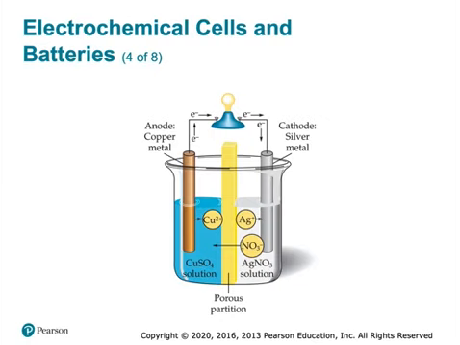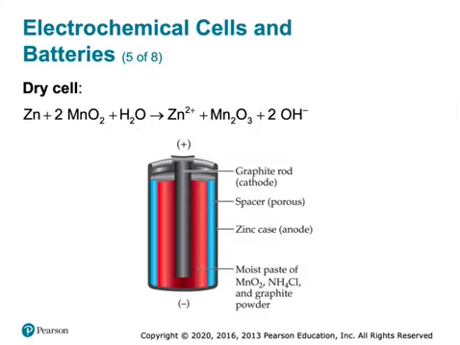The electromotive force is not proportional to the amount of material. So how do you get bigger voltages? You put cells in series. We'll talk about it more when we get to lead acid batteries, which are coming up soon.